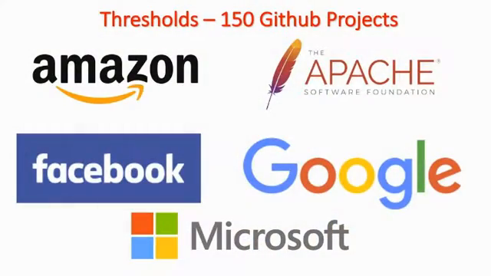Right? To determine these thresholds, we wanted to use projects that we knew were actually engineered software projects. So we went to companies. We took GitHub projects that were released by Amazon, Apache, Facebook, Google, and Microsoft. I'm assuming that these companies are not releasing toy projects on GitHub. Right?